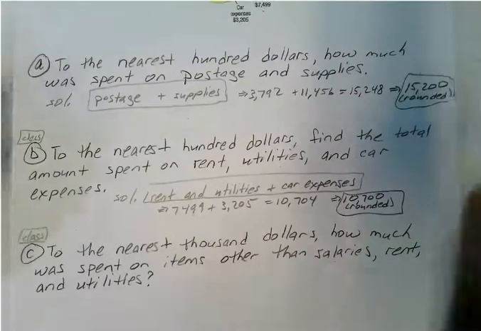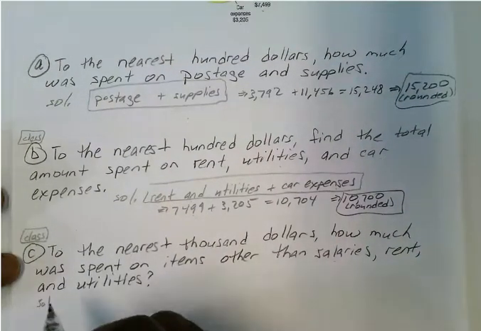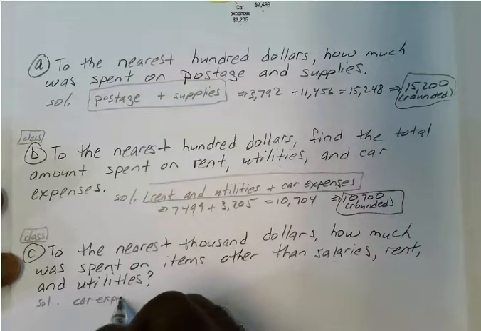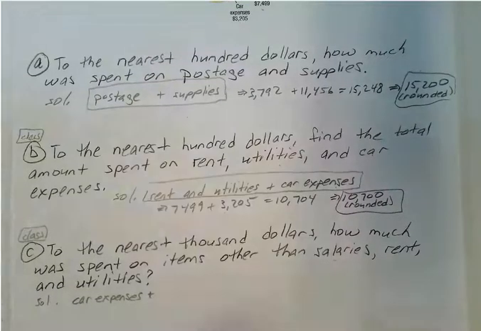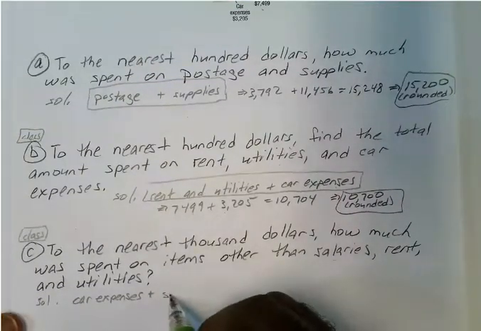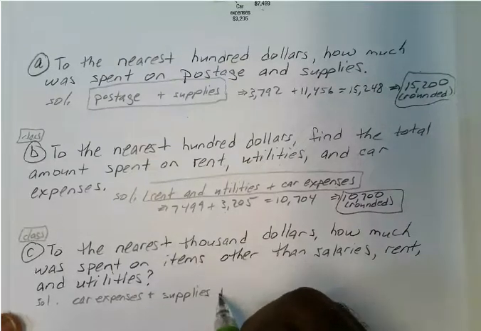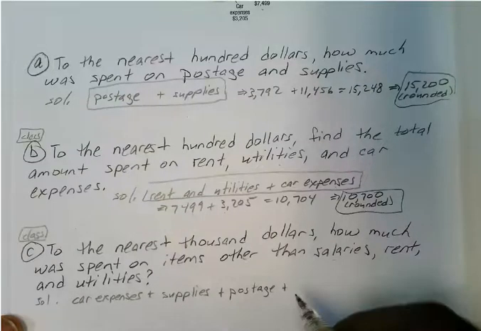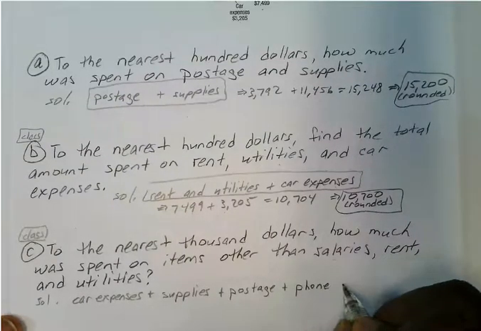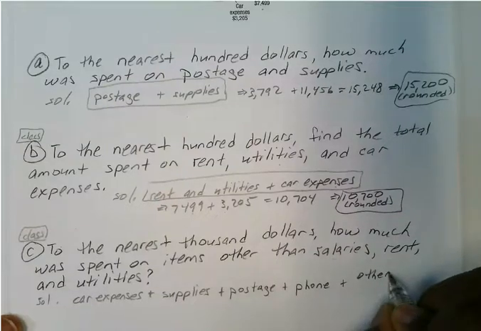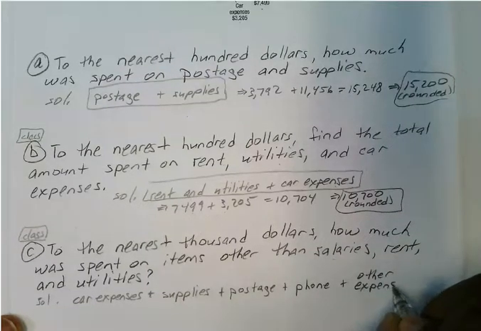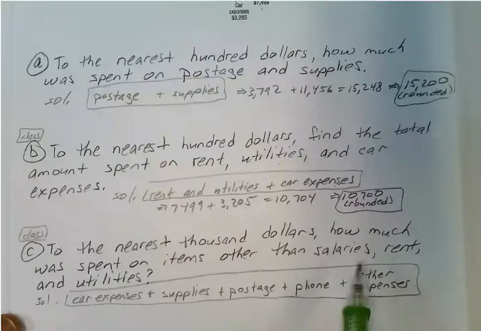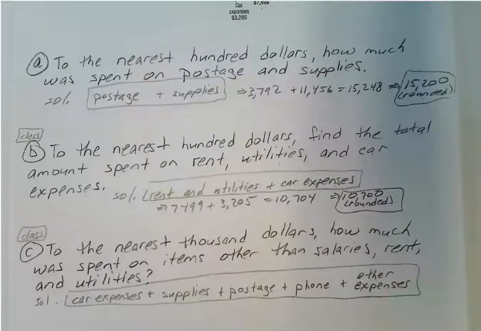So that means you're going to look at car expenses, plus supplies, plus postage, plus phone, plus your other expenses. Okay, so that's everything other than salaries, rent, and utilities.